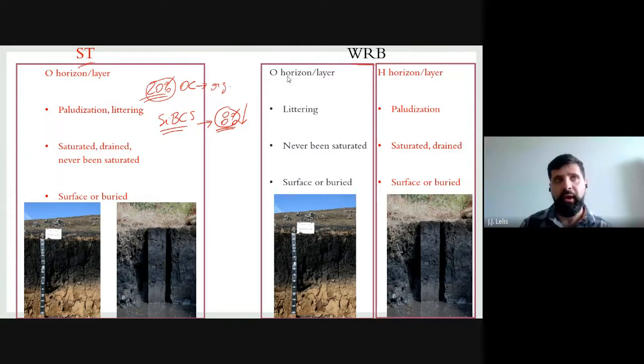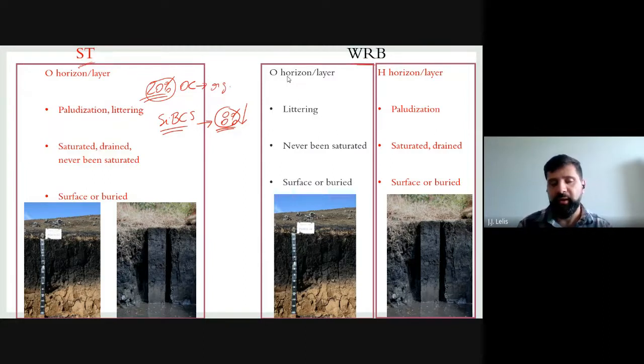So a lot of organic horizons and organic layers and organic soils in Brazil are not classified as organic layers or horizons or soils according to soil taxonomy or WRB. That's the first point: we have a tropical, wet and sometimes dry climate that favors the decomposition of organic matter.